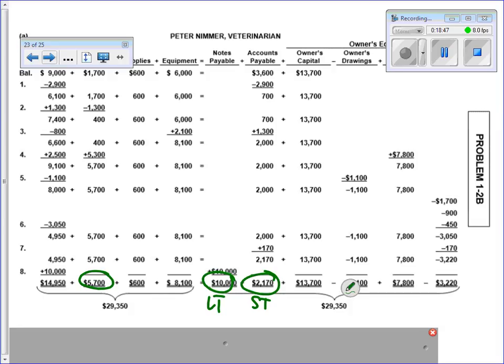Did he have additional investments at all? I see that 13.7 all the way down, so no additional investments. I still would like you to put that plus investments of 0 on your owner's equity statement, okay? But owner's capital is plus, minus the drawings, minus expenses.